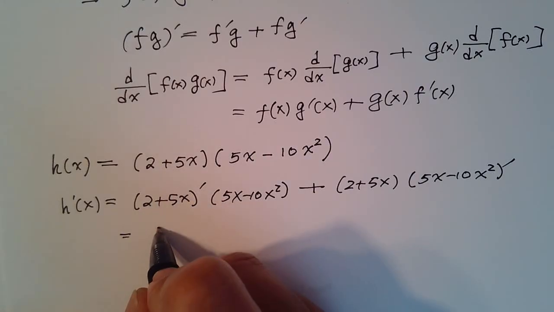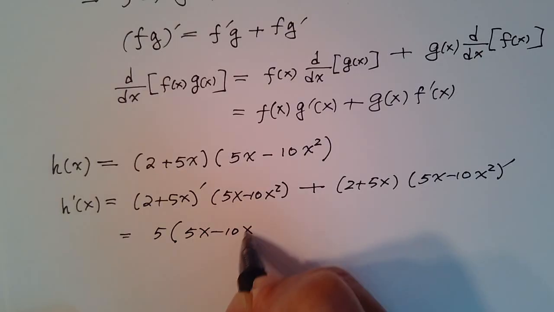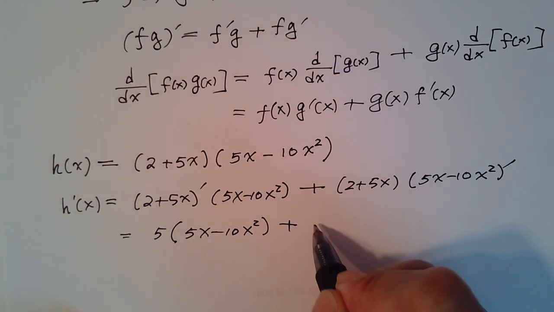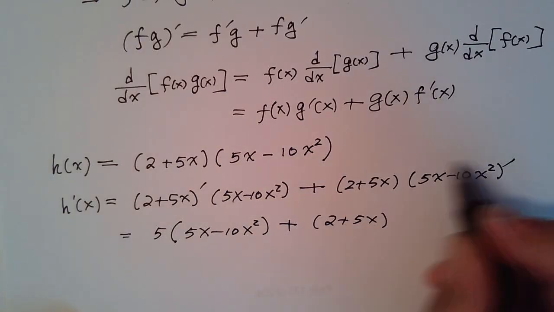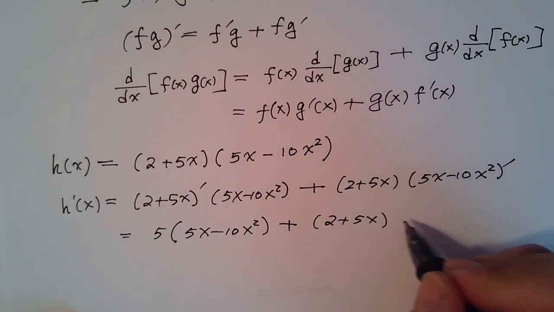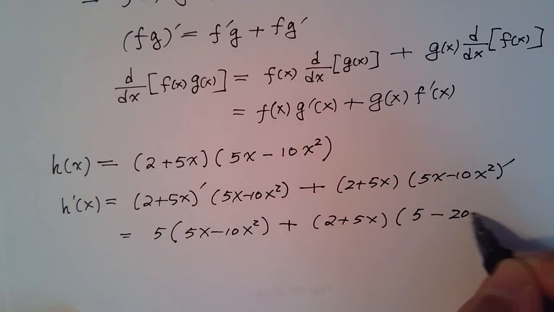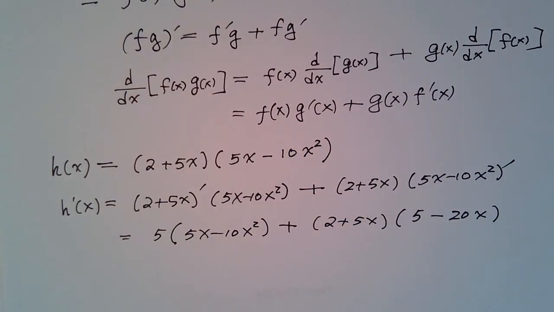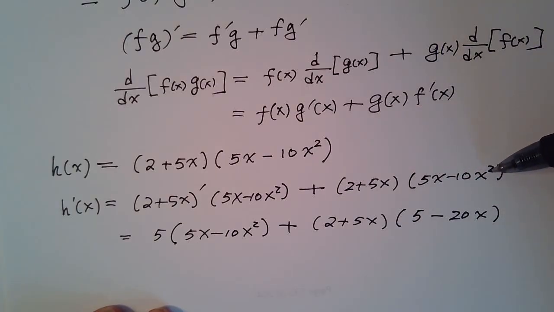So this one is 5. I get 5 times (5x - 10x²) plus, now I copy this (2 + 5x). What is the derivative of this term? That is 5 - 20x. You get that? Okay. This derivative you get 5. For this one, the 2 goes to the front to become 20, and here the power becomes 1.